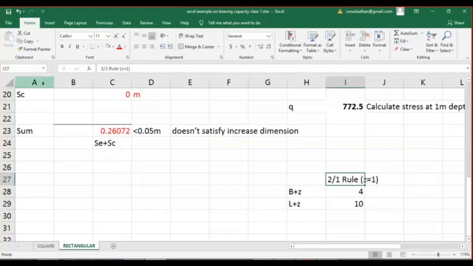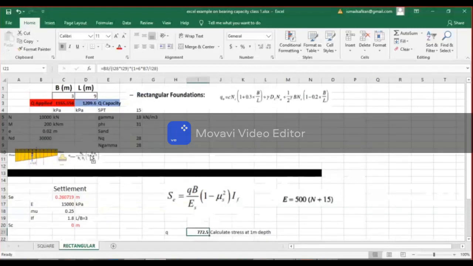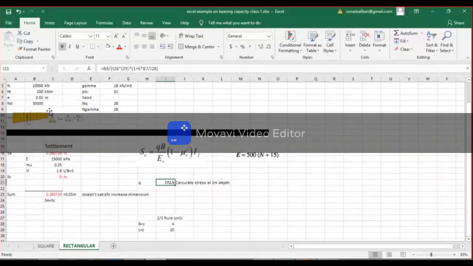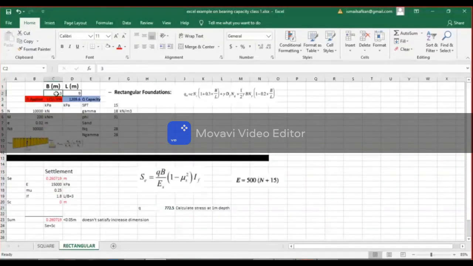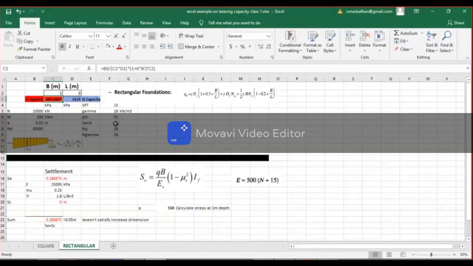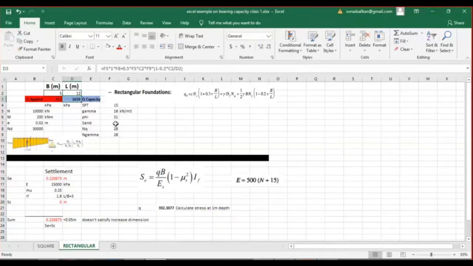Now, as it didn't satisfy, what I'm going to do, I will increase the B value to 5. And I expect to see a reduction instead of applied values until I reach the right figure. Okay? I made it 5 by 12.